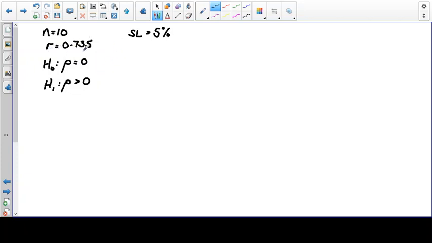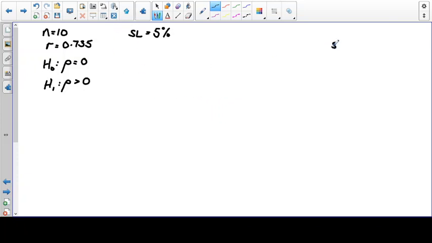Okay, so this is our PMCC. If you look on your table, go down to 10, and then across.